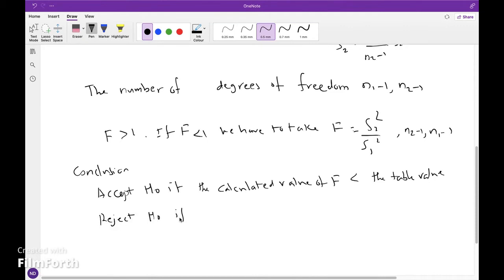Reject the null hypothesis if it is greater than the table value.